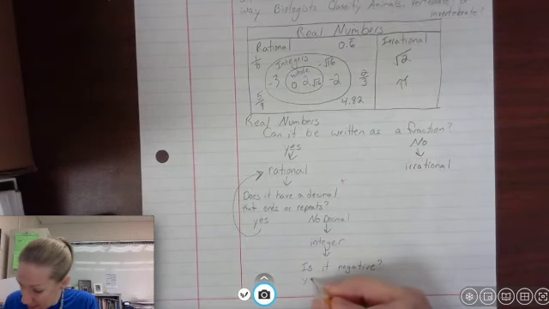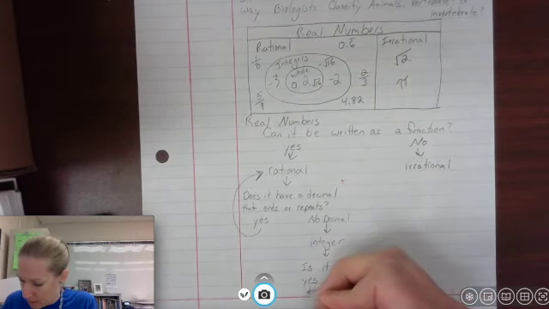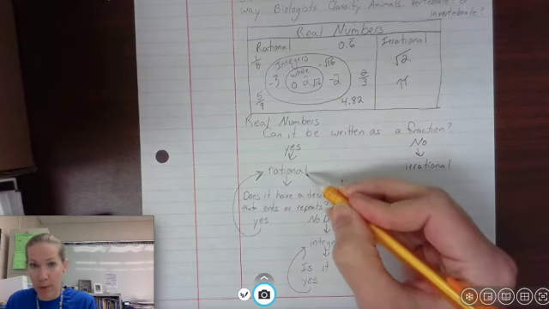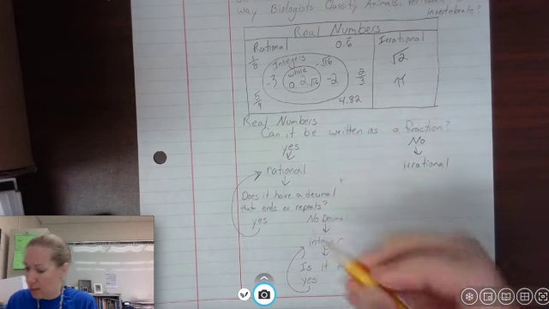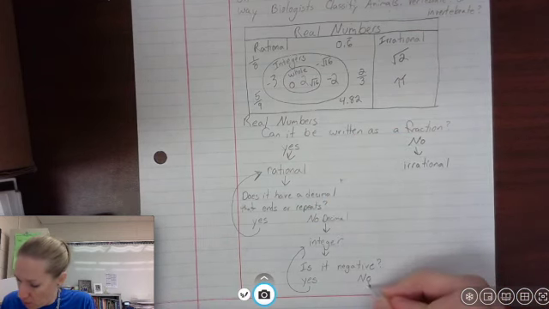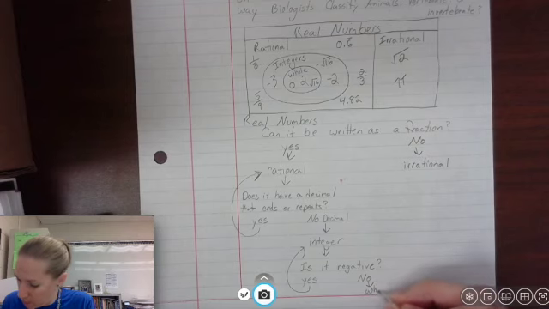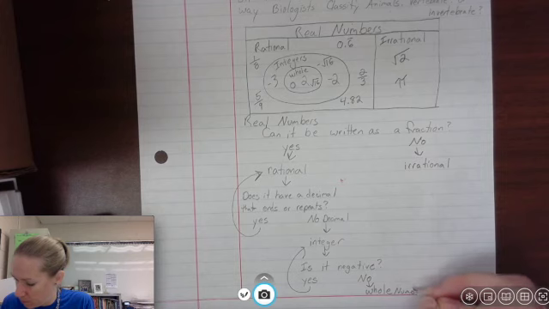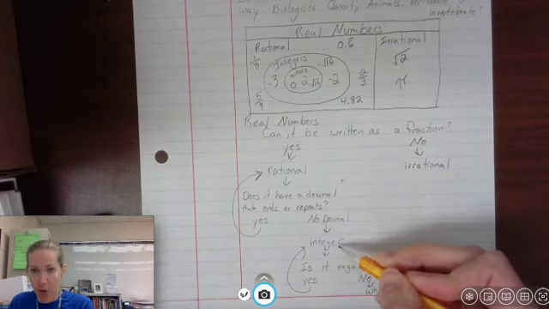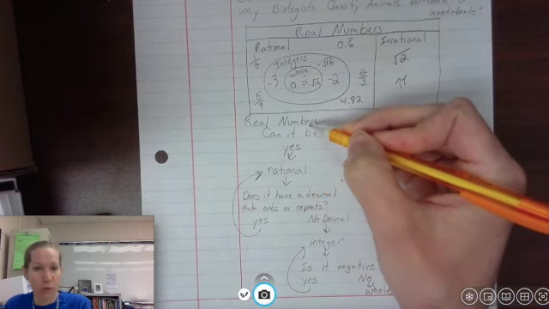If the answer is yes, it is negative, then you know that it's just an integer, which is a rational number, which is a real number. If it is no, it's not negative, well, then you know that it is a whole number. So it's a whole number, which is an integer, which is a rational number, which is a real number.